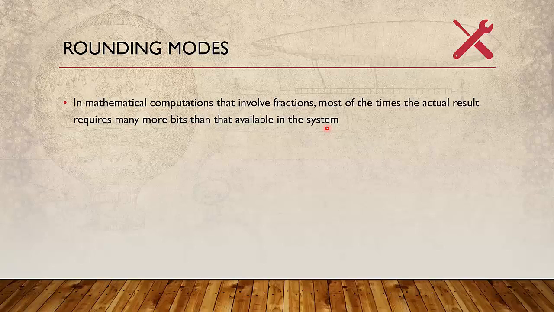So obviously, even with the decimal system, we cannot keep this division in an exact number of digits. The same case applies in binary. So that is why we need to do rounding. We need to standardize how we do rounding in our system.